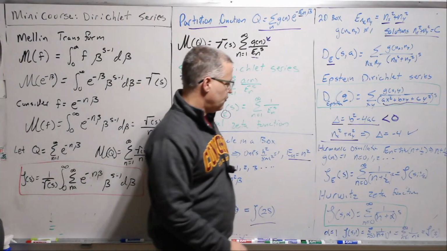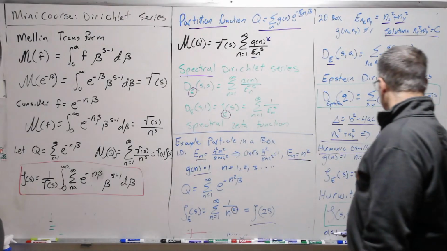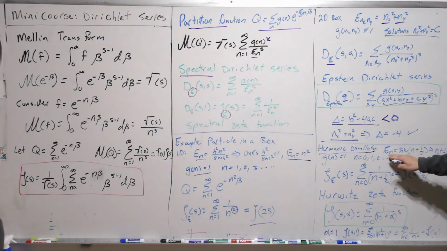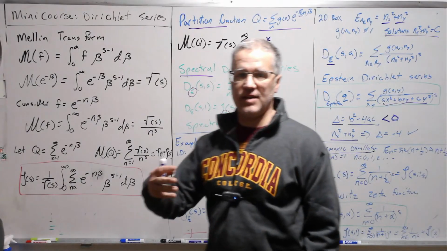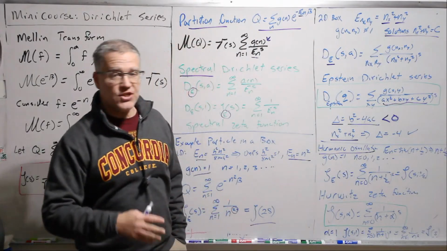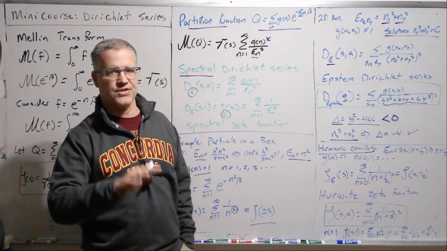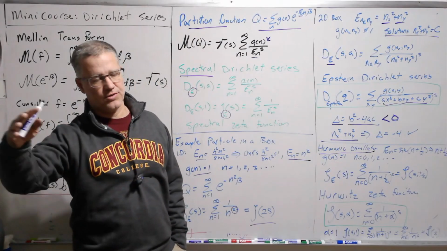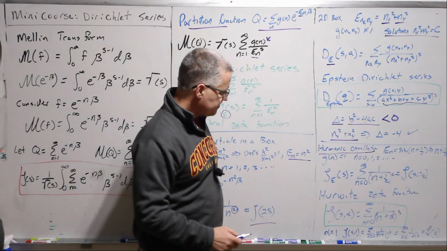All right, let's do one last model, the harmonic oscillator. And now we have E_n equals h bar omega times n plus 1/2. Let's again work in units where h bar omega is 1, then E_n is n plus 1/2. Degeneracy is 1, and now the quantum numbers for the harmonic oscillator start at 0: 0, 1, 2, 3, 4, all the way up, according to the allowed quantum numbers.